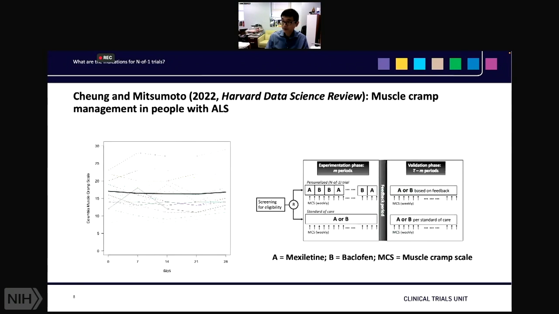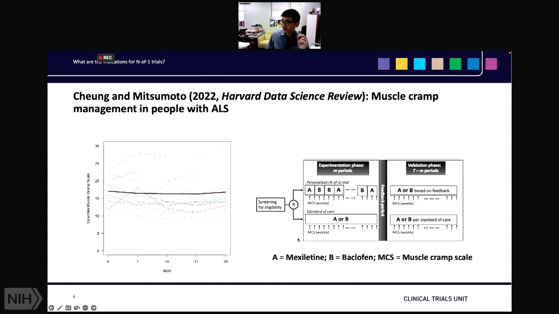This is our third example, and the last example we look at is a hypothetical study that evaluates N-of-1 clinical trials for muscle cramps in people with ALS. The design here is similar to the previous example in that half of the participants will be randomized to an N-of-1 trial that compares 2 medications for muscle cramp in people with ALS.